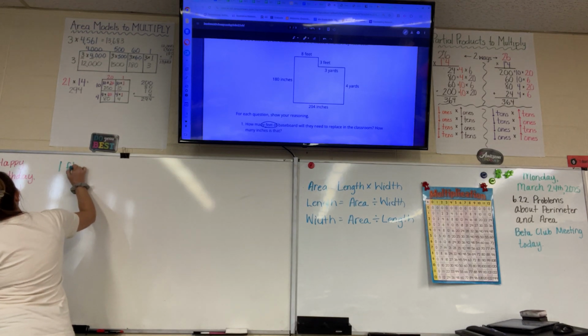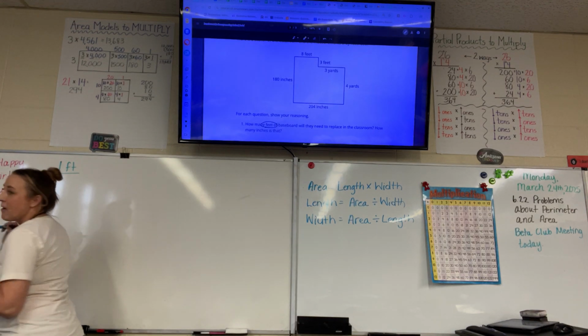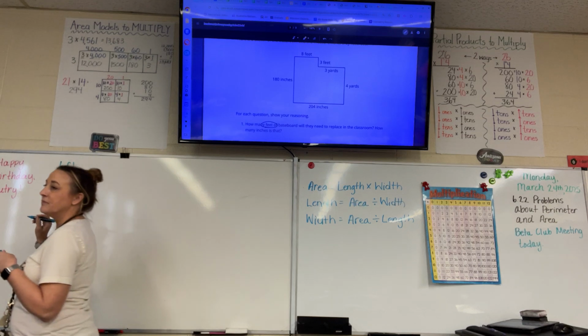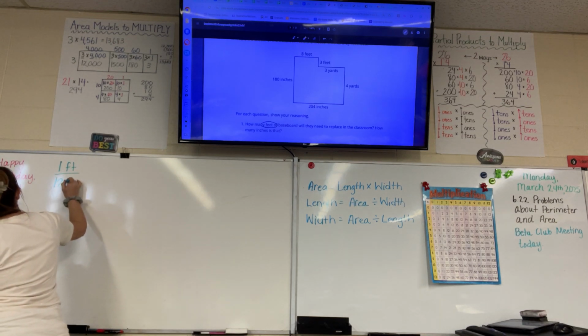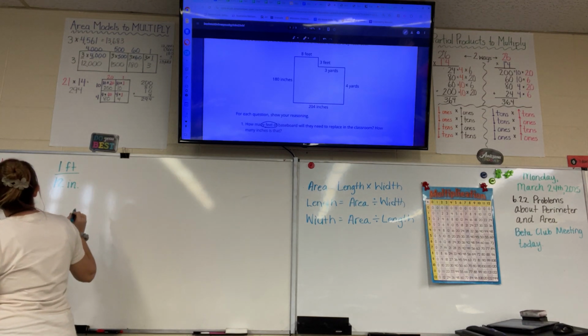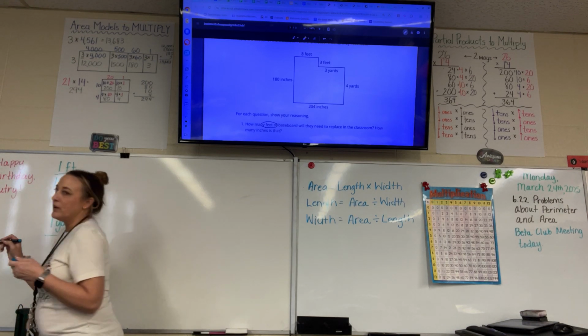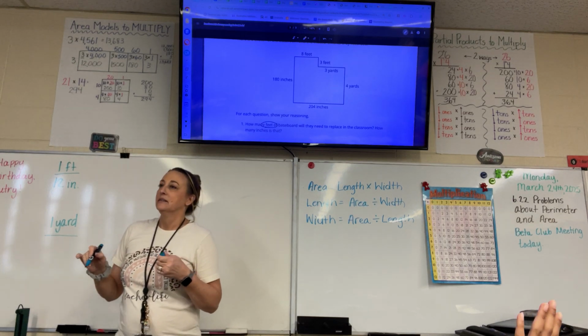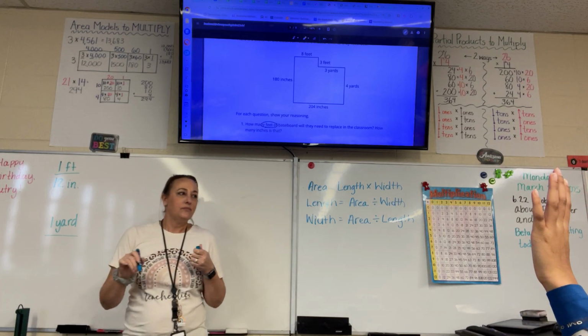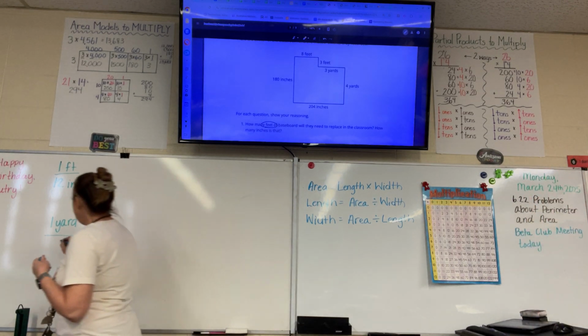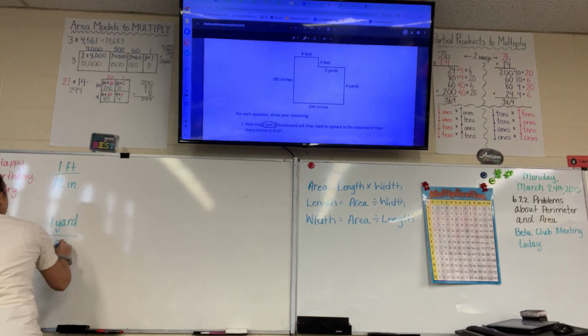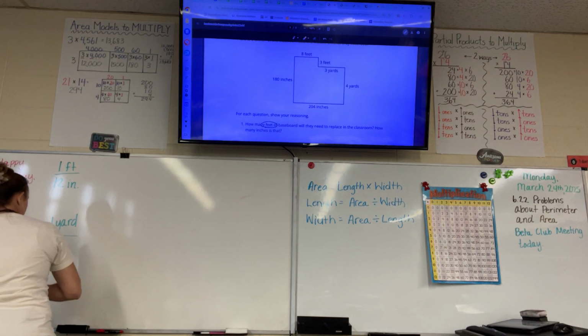How many inches are in 1 foot? 12. 12 inches, that's correct. Put yourself down for a point. And how many feet are there in 1 yard? 3. Yes, there are 3 feet in 1 yard.